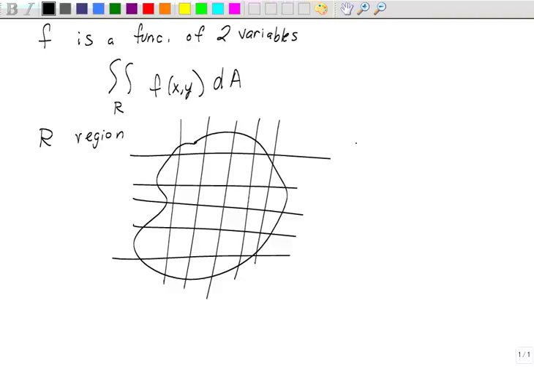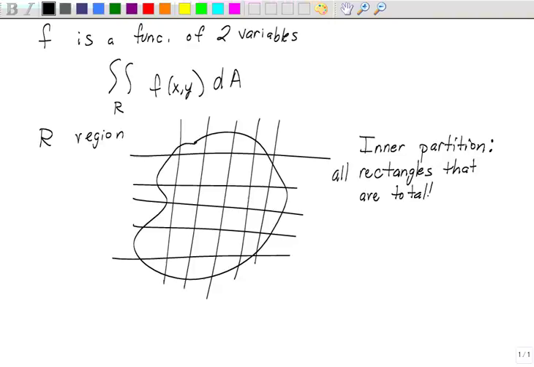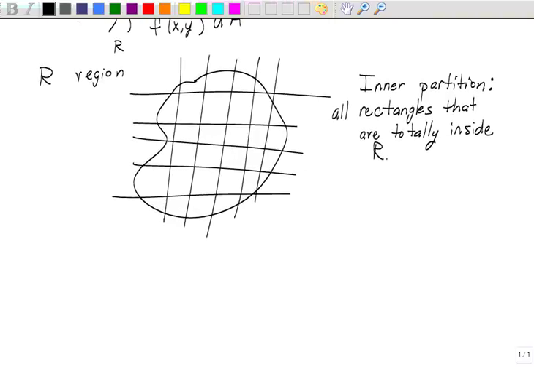And we're going to call the inner partition all the rectangles that are totally inside R. Then we're going to take a point in each one of those rectangles.